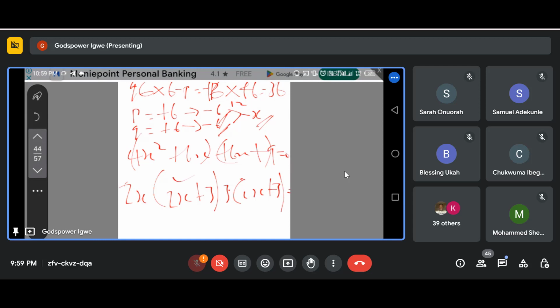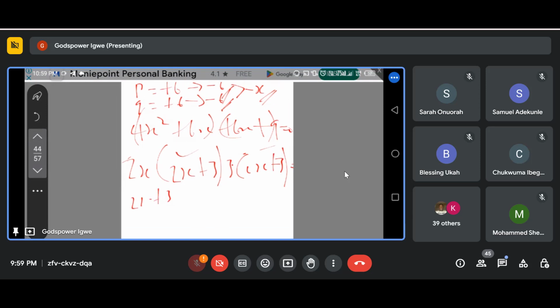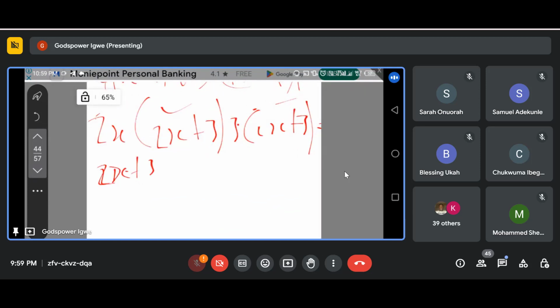So if you check that, this and this now are looking alike, so we say okay, 2x plus 3 equal to 0. And then we have 2x plus 3 equal to 0. And this is going to change. This first one is going to be 2x equal to minus 3 all over 2.